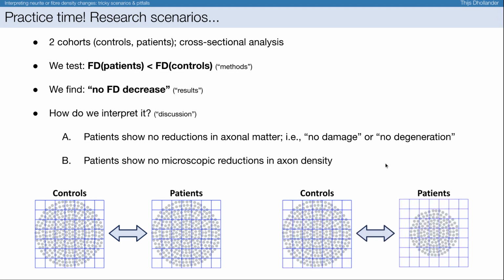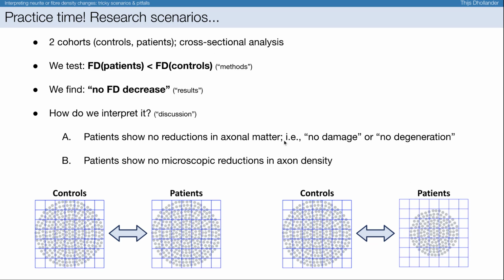I hope you had been paying attention throughout the previous part of the presentation, because this is literally from that part. So this is a scenario where indeed the fiber density between controls and patients is the same, but the cross-section is decreased. So this is something that can indeed go with those results after we have tested that question there.